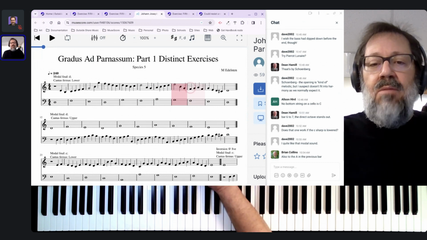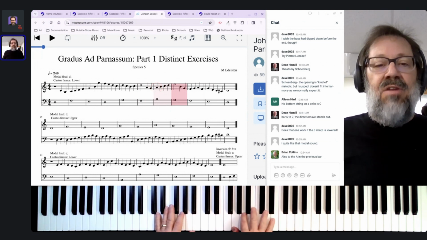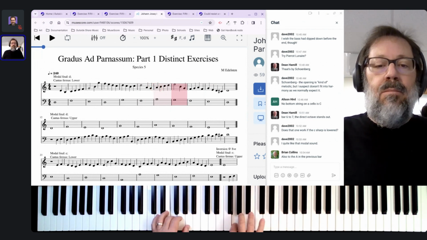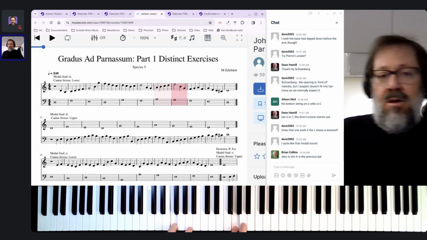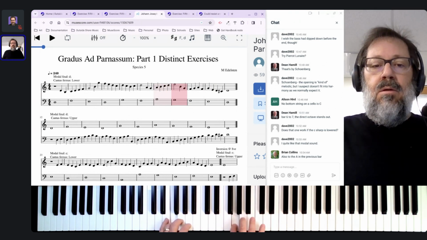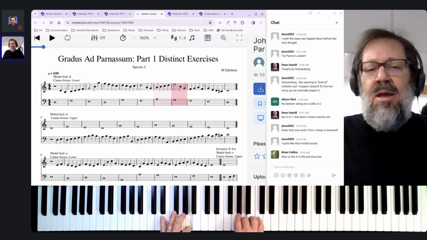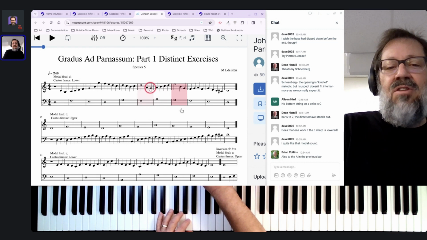So if you're talking about the A in the previous bar, this is the one that I thought you were talking about. And this is similar motion, but it's not parallel, right? We're going from here to here. So we're going similar motion into those A's. The thing is that this G is just a neighbor tone.